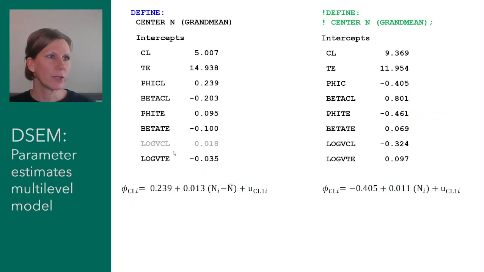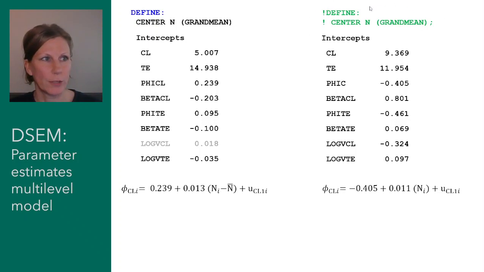So the difference between grand mean centering and non-centering is over here. So here we are looking at the results when we are using grand mean centering for N, for neuroticism. And here we have the results if we don't use this grand mean centering. If you use the exclamation mark, then Mplus is not reading this code.